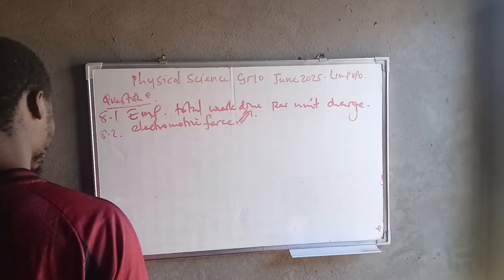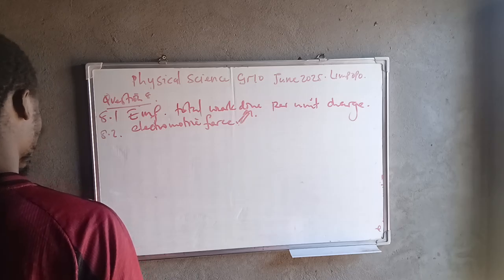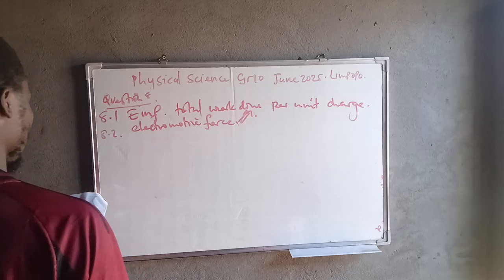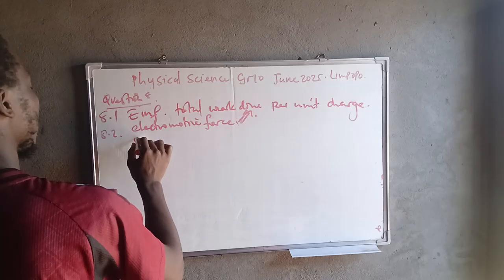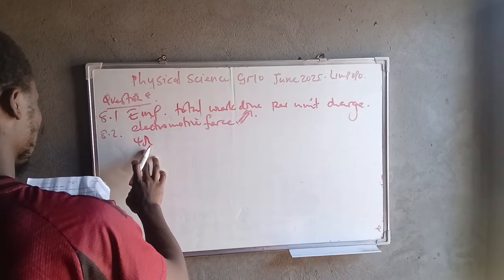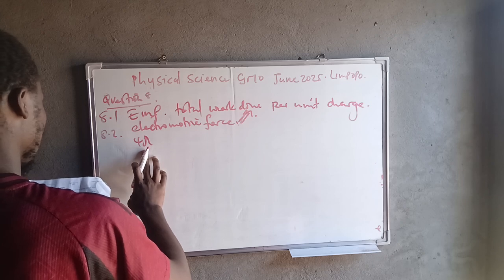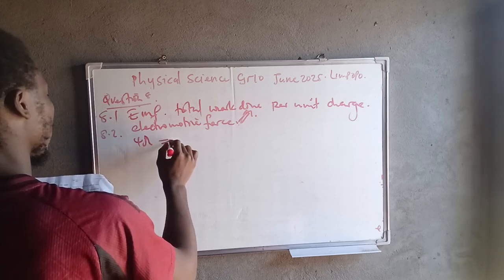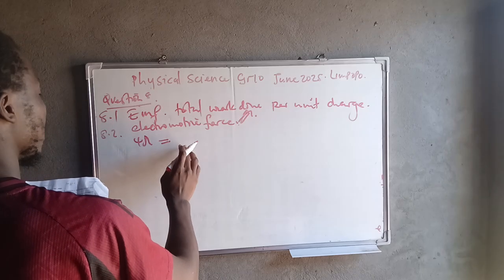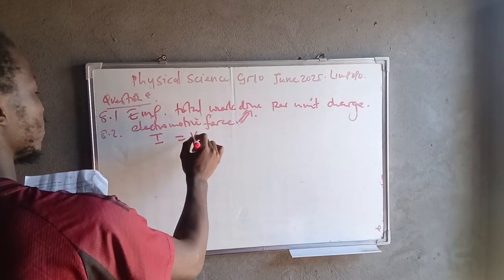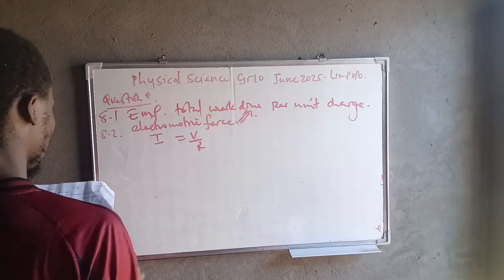Determine the reading on V1. So let's first calculate the current that passes through. We are having a resistance of 4 ohms. The formula: current equals voltage over resistance.